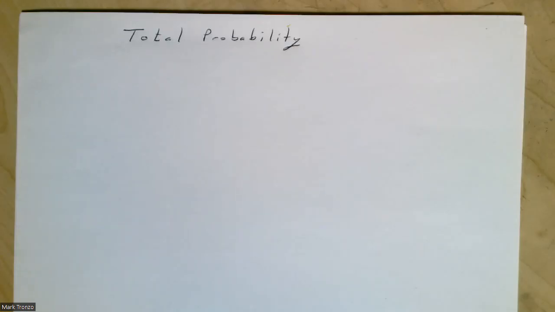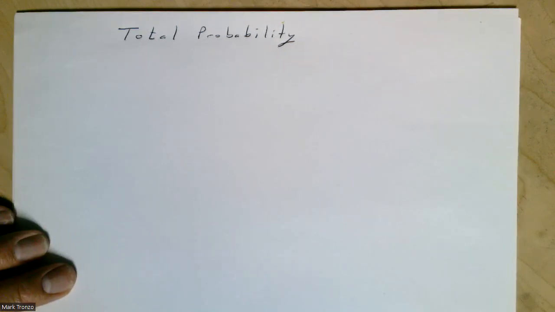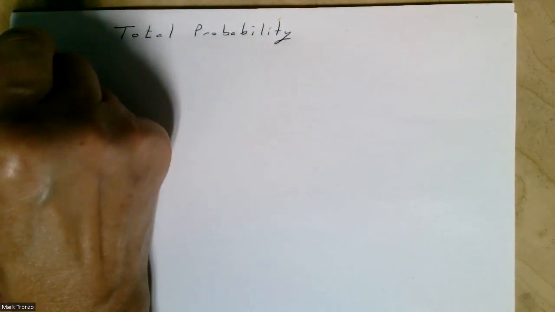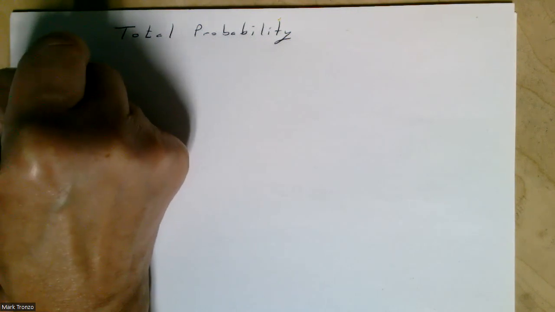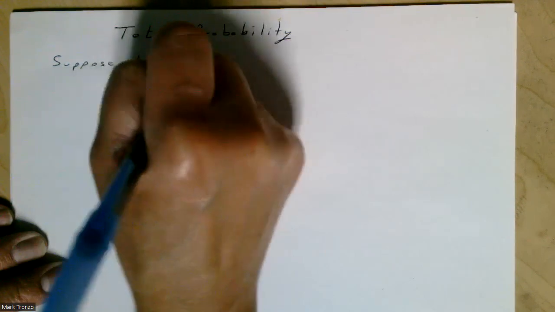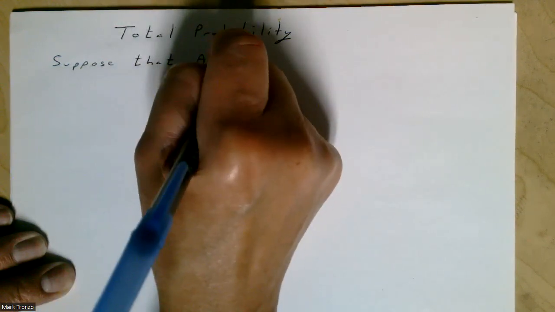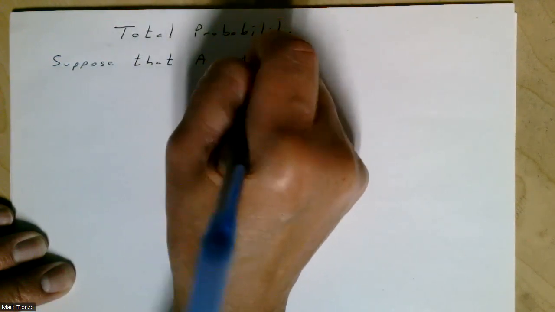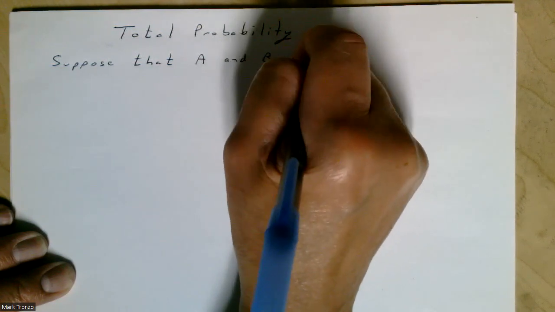In this video, we're going to talk about total probability. Suppose that A and B are two events.